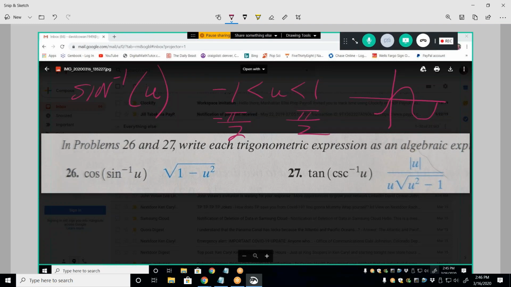And they restrict it, this is strictly by convention, you could do it on a different interval, but they restrict it to the fourth and first quadrants. And so now I have this that I can reflect over the line y = x to get the inverse function. Okay.